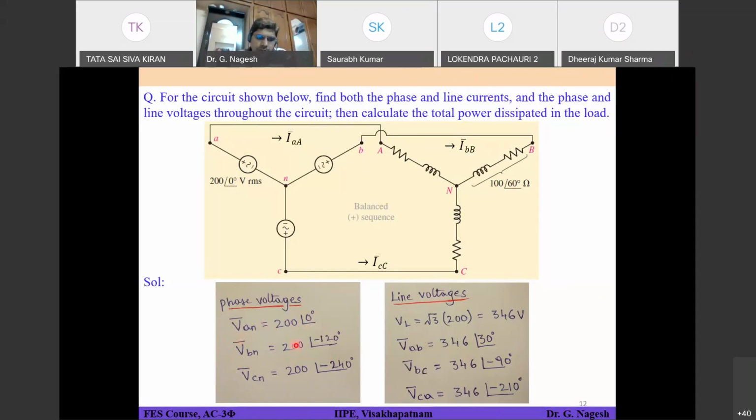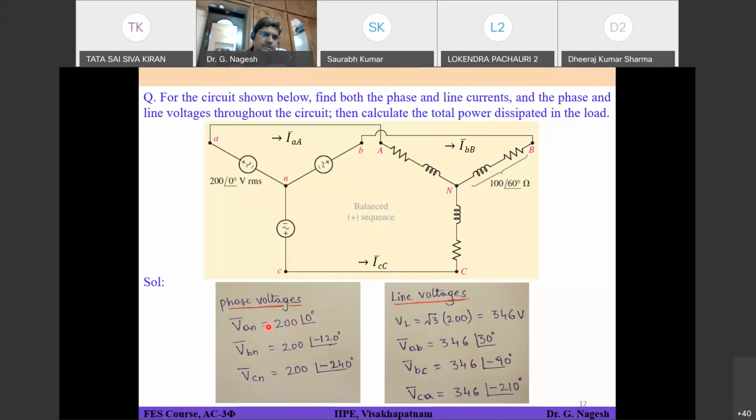So if you take 200 at an angle of 0 degrees minus 200 at an angle of minus 120, further subtraction if you do, you can get VAB line voltage. That means the difference of these two. If you solve that, you will understand that your amplitude will increase by root 3 times.